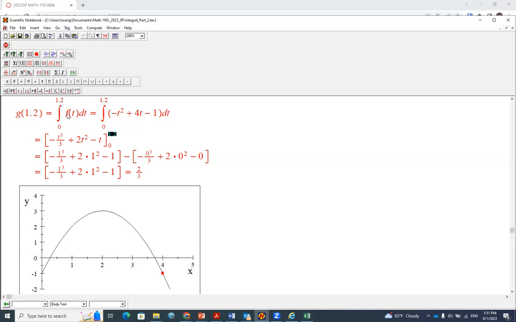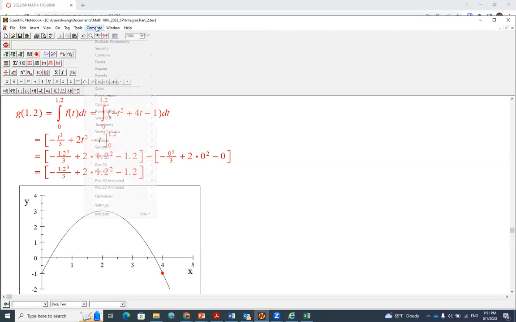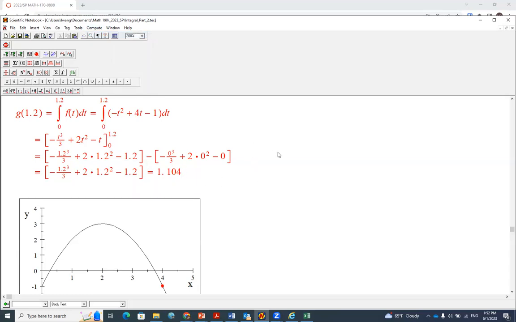So I'm going to choose 1.2 here, 1.2 here, and 1.2 here. And now this piece is going to be calculated. I will get another value, 1.104.